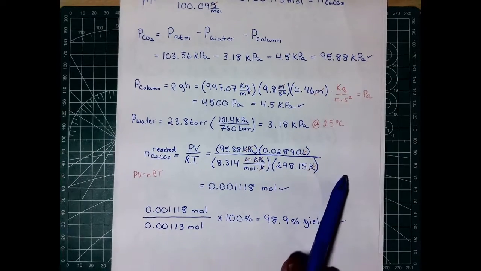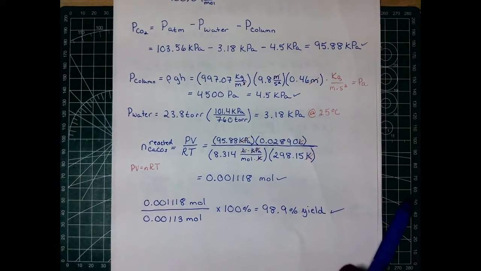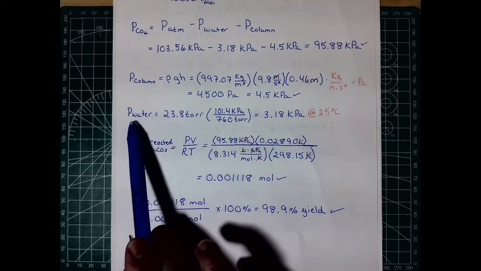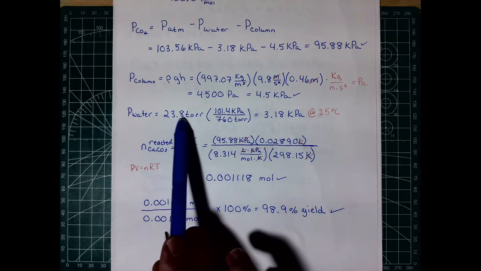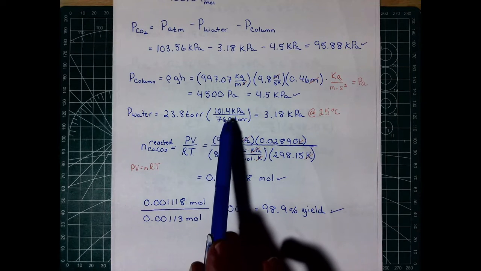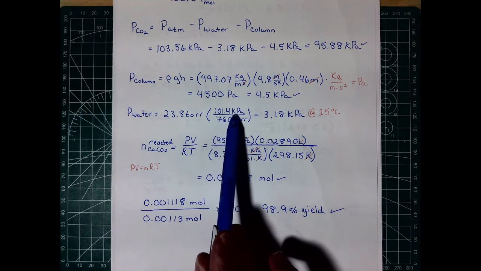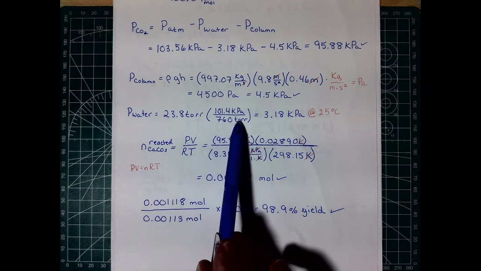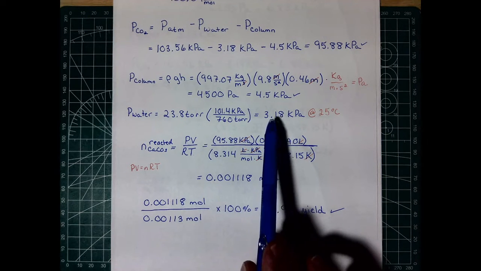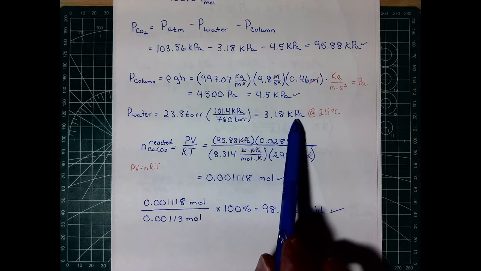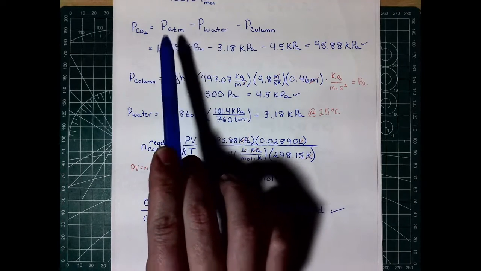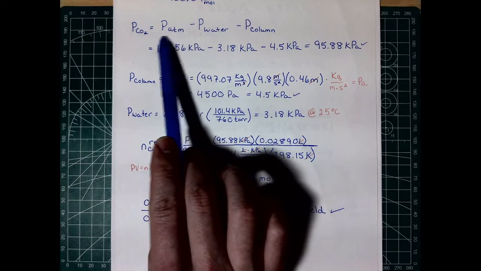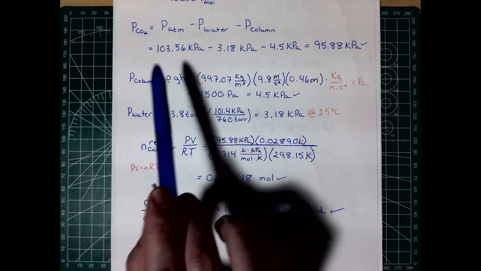When I go to my table and look up the vapor pressure of water at 25 degrees Celsius, I get 23.8 torr. I'm going to use this conversion factor that there's 101.4 kilopascals for every 760 torr, and I see that that's 3.18 kilopascals. I come back up to this equation. I was given the pressure of the atmosphere in our student data.